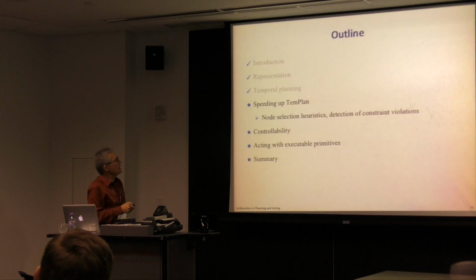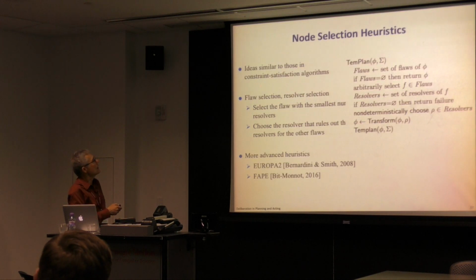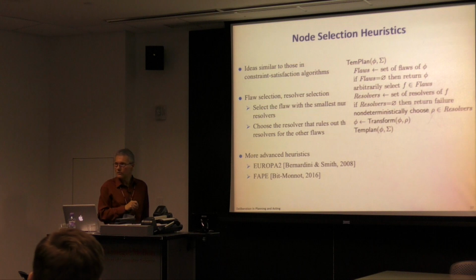Okay. So next, speeding up Templan, which is the algorithm that does that. And we're going to do that through node selection heuristics and some ways of detecting constraint violations in advance. The ideas for the node selection heuristics, some of them are similar to those in constraint satisfaction problems.